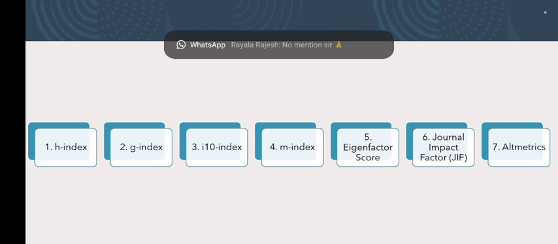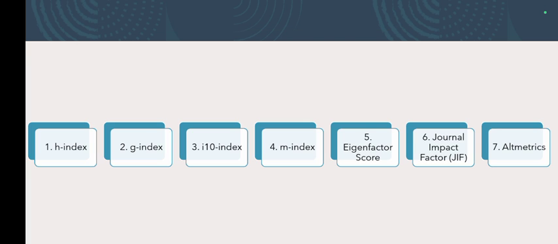When we upload some research work on social media platforms like X, how many persons have cited our work from social media is also important to measure the significance of the research work. This is brief information about the different matrices used in the field of research to measure the significance of the research work or the contribution of the author.